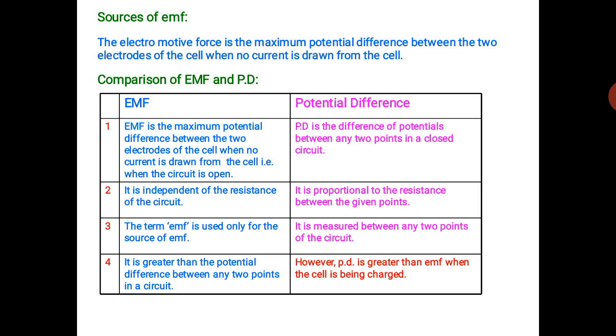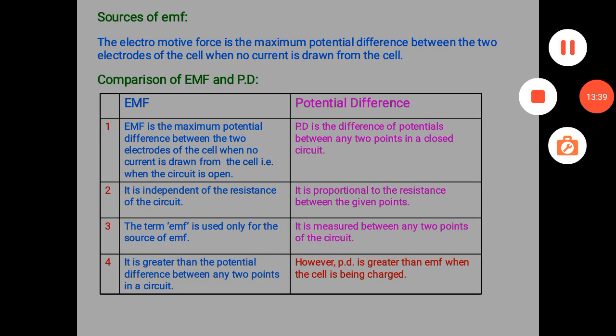So these are some differences between EMF and potential difference. And if you are measuring the potential difference across the cell, when the cell is in open circuit, it is EMF. When the circuit is closed, if you are measuring the potential difference between two electrodes, that is the terminal potential. Remember.